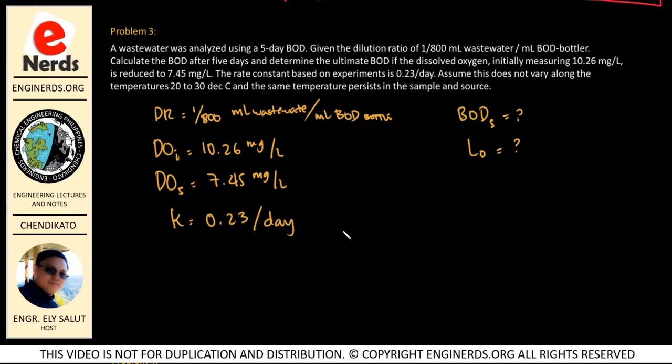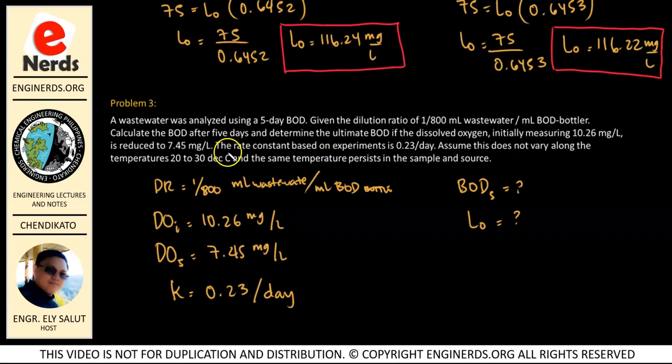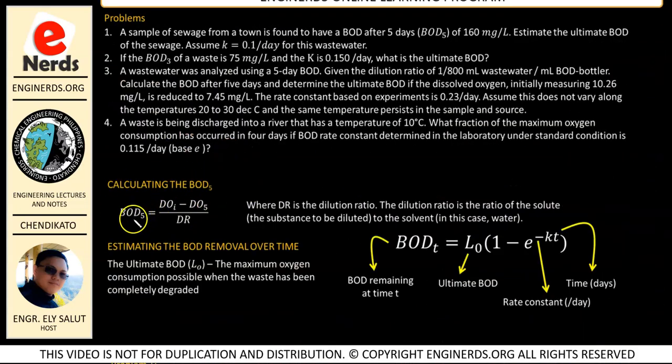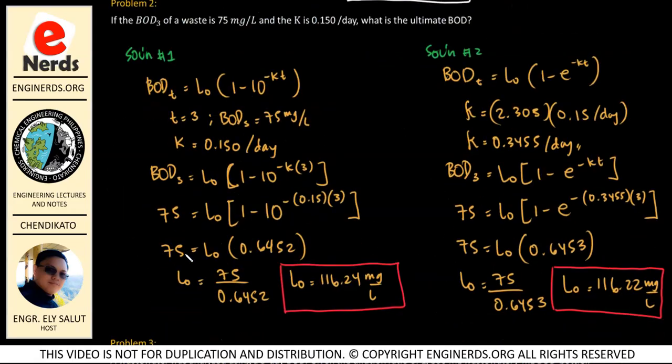So hindi nagbago yung ating K value, sabi dito sa ating problem, no? So ang gagamitin natin formula dito, itong napag-aralan natin last time. BOD5 is equal to initial DO minus DO5 over our dilution ratio, no?